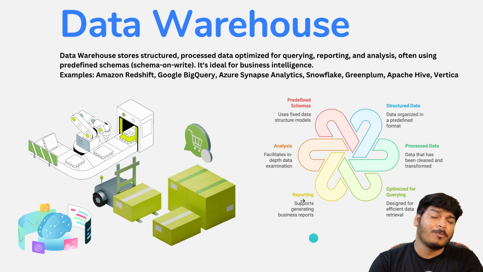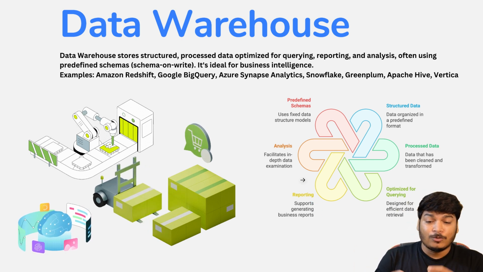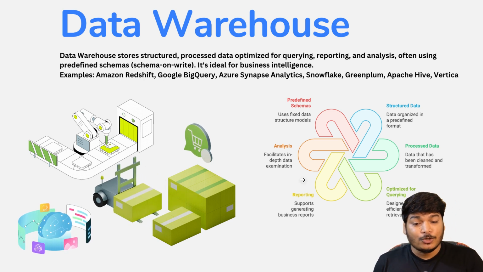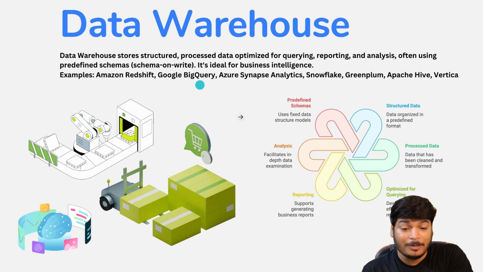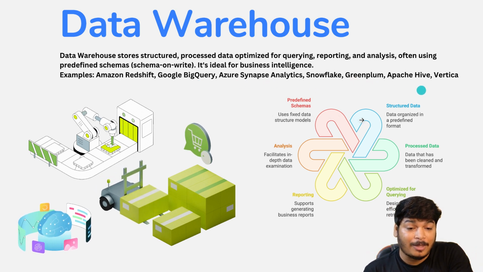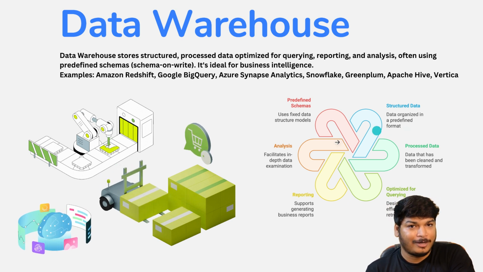Okay, for querying, reporting, analysis, all those kinds of things we can do from this final data set. What are the examples? There is Amazon Redshift, Google BigQuery, Azure Synapse Analytics, Snowflake, Greenplum, Apache Hive, and Vertica. So those are the examples of warehouses.